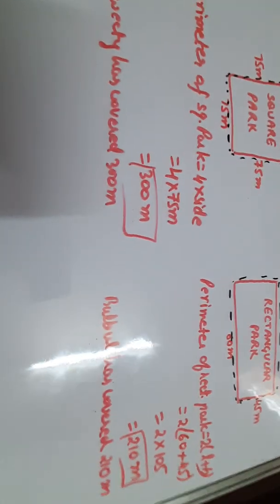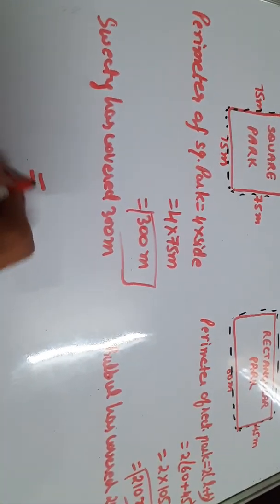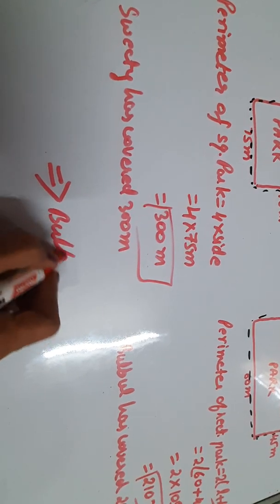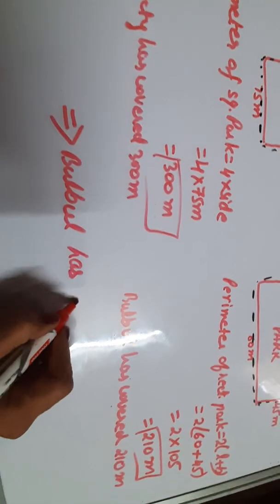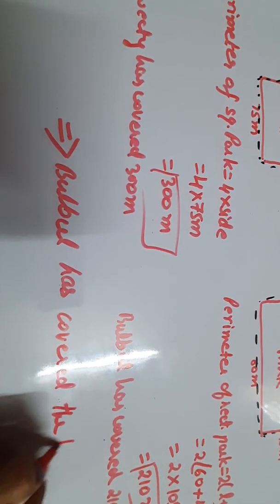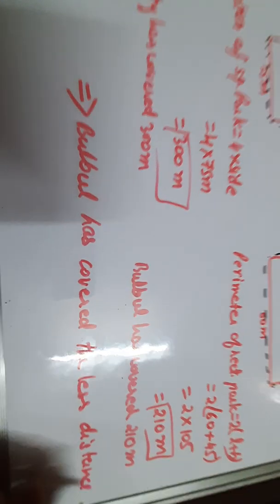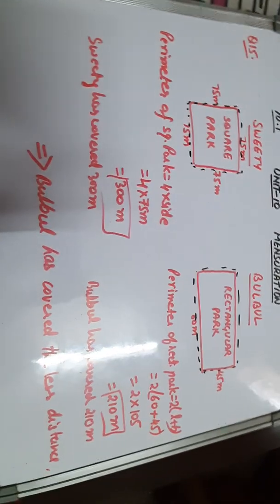So who has covered the less distance? Yes, Bulbul. This implies, this is the symbol of implies, Bulbul has covered the less distance. And if it is asked further how much less, then we will subtract the two. So I hope the question is clear to you.